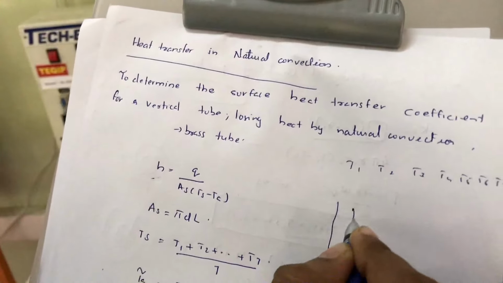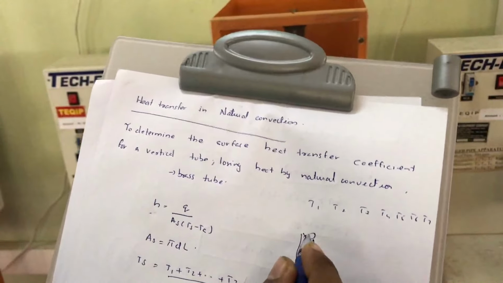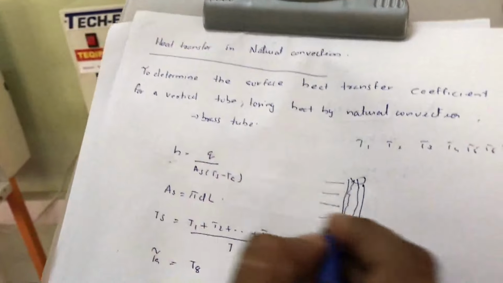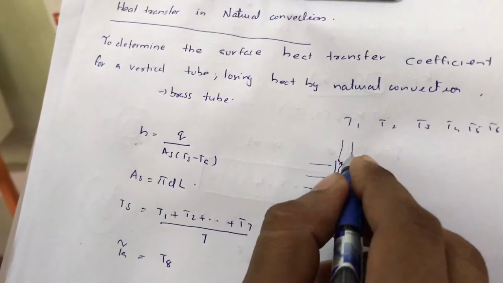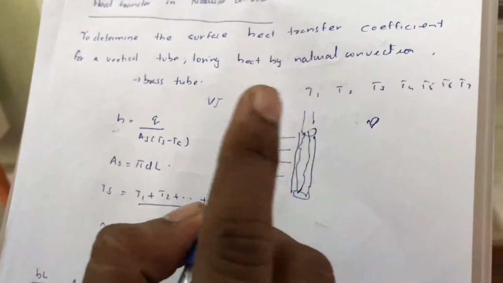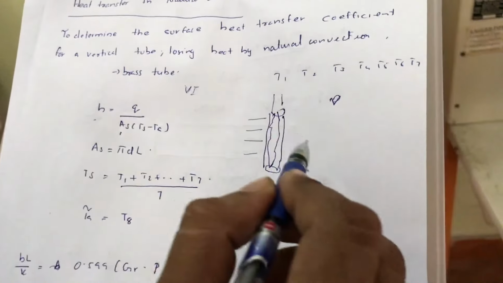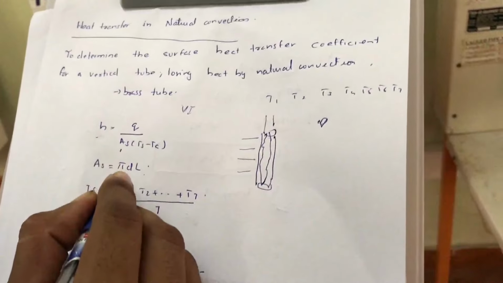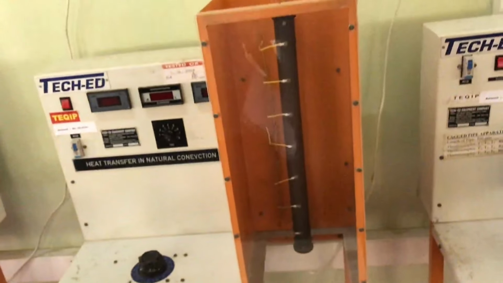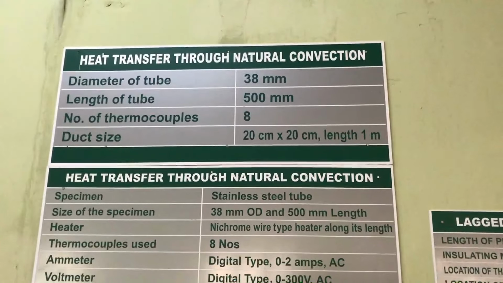Inside this brass tube a heating coil is kept, and 7 thermocouples are kept on the surface of the tube. We supply heat energy to the coil, and knowing the voltage and current, we can find Q equal to V into I. The surface area As of the brass tube is pi into D into L, where D is the diameter and L is the length of the tube, obtained from its specification. The diameter is 38 mm and the length is 500 mm.